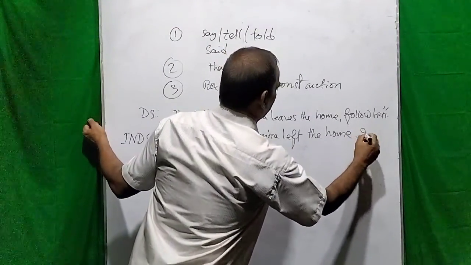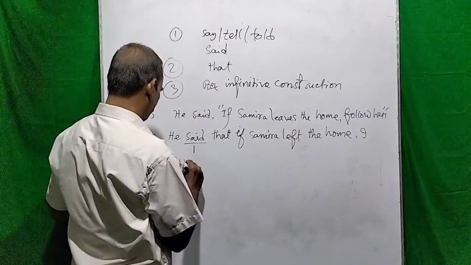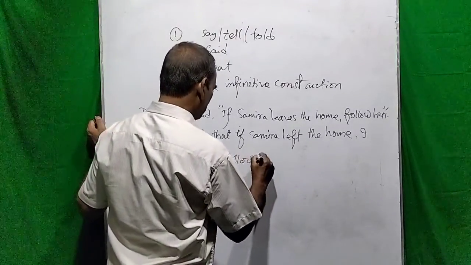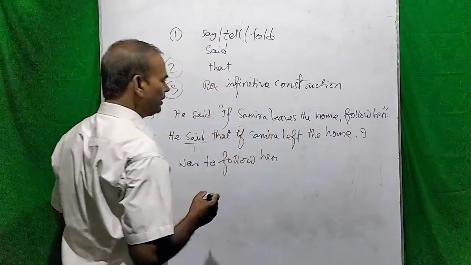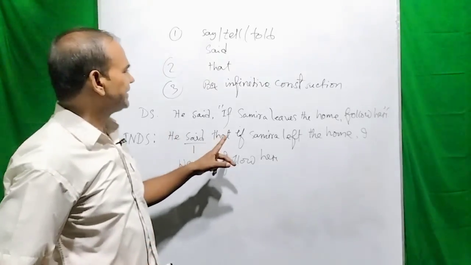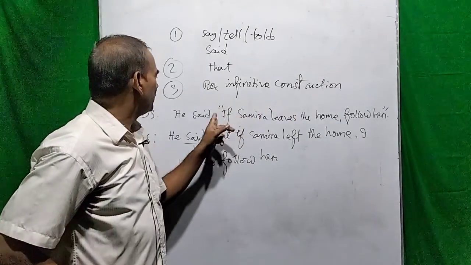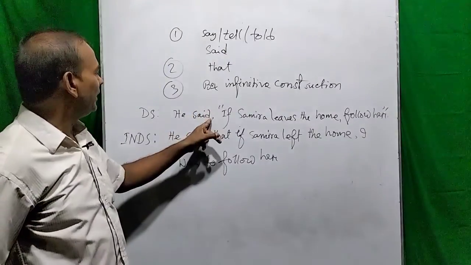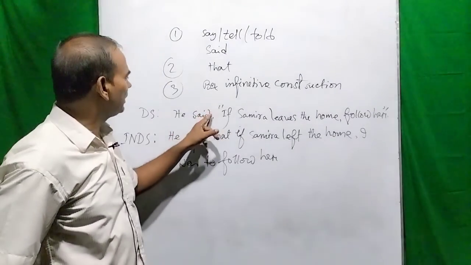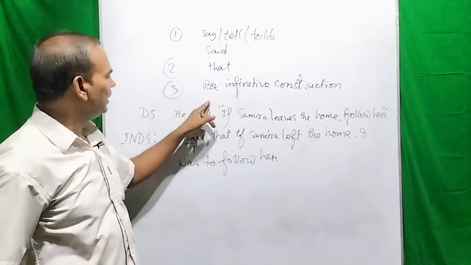I was to follow her. How did I make it? Dear viewers, please try to understand. There must be an implied object here, and I think the implied object is me.